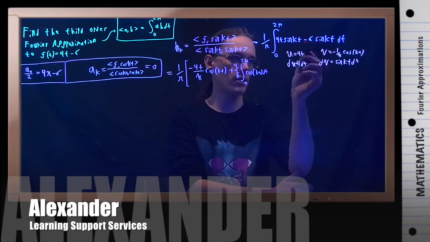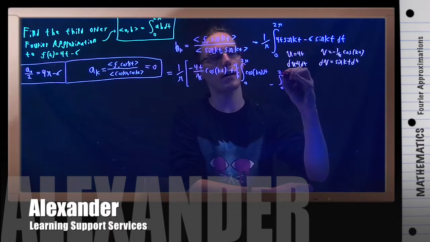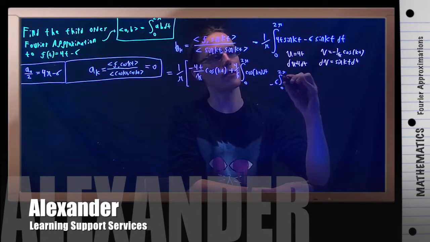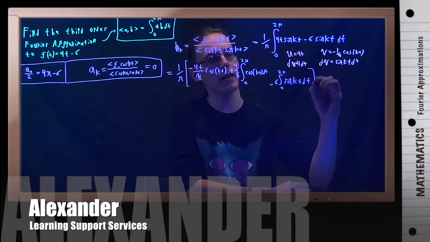And then, of course, minus the integral of 6 sine of kt, so minus 6 times the integral from 0 to 2 pi of sine of kt dt, close bracket.